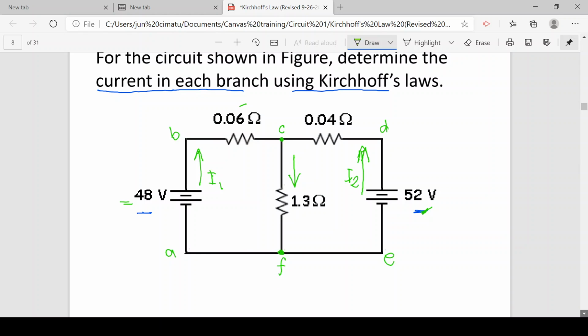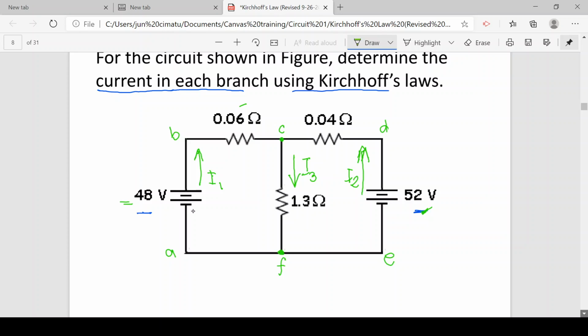So after identifying the loops and the current and its direction, we can now identify the polarity of the voltages in all of the elements in the network, so that when we apply Kirchhoff's voltage law, we can determine whether it is a voltage rise or voltage drop.